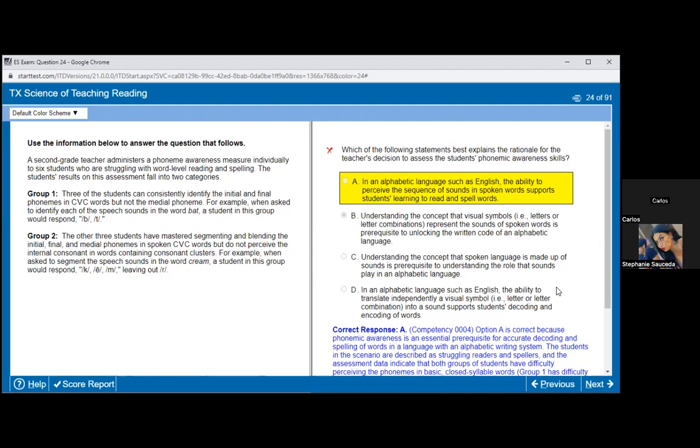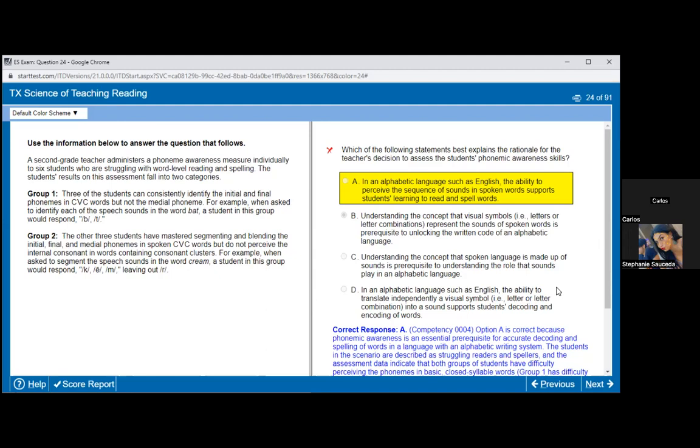For example, when asked to segment the speech sounds in the word cream, a student in this group would respond leaving out the r, so they left out the sound. Keem, yeah, Keem.